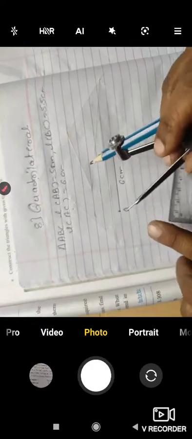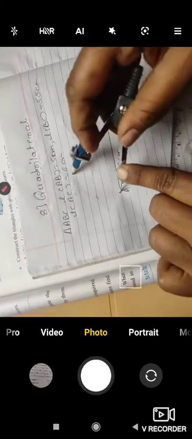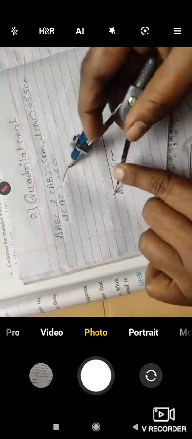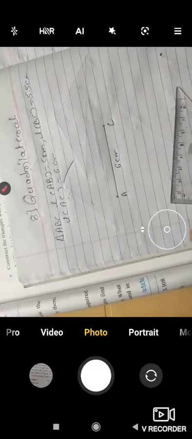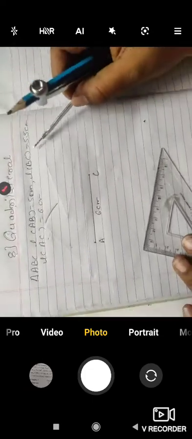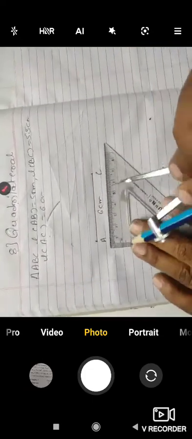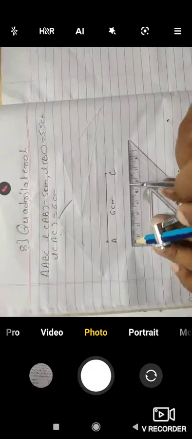So we put the metal point on A and draw the arc above the line. Then the measure of BC is equal to 5.5, so take a 5.5 centimeter distance in your compass.